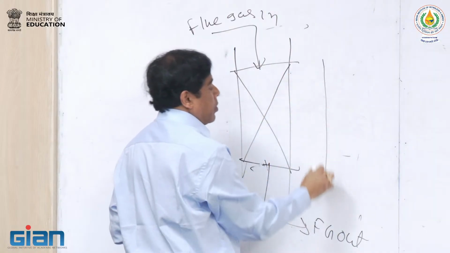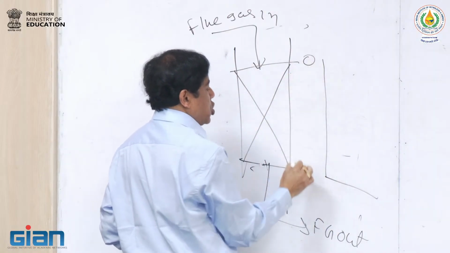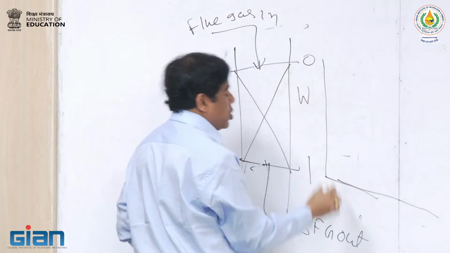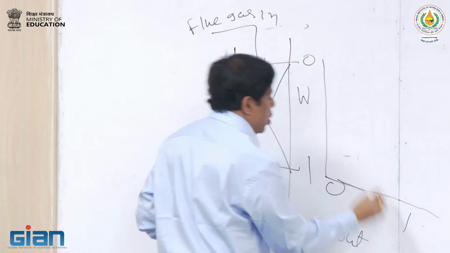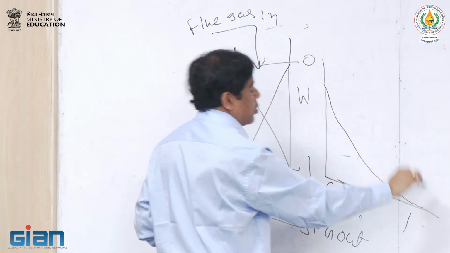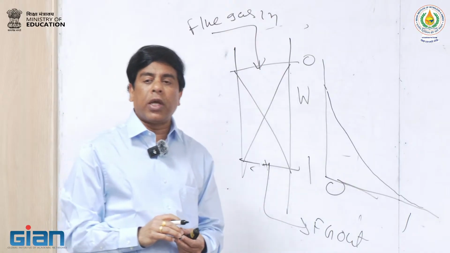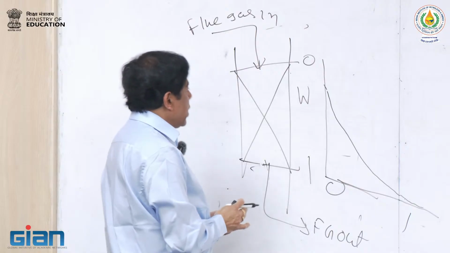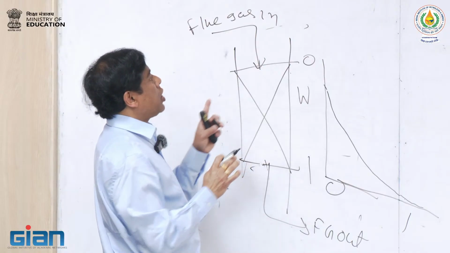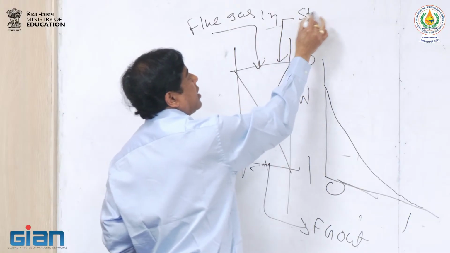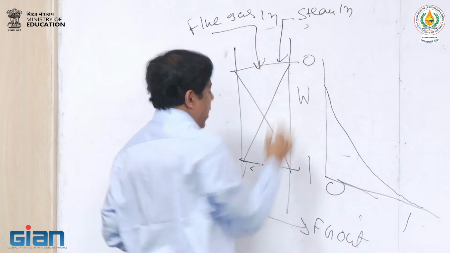So assume this is the flue gas in, and this is the flue gas out. Now, if I'm looking at the loading, this is 0, this is 1, a normalized length. If you look at the loading from 0 to 1, you will find that the loading is something like this. So later sections do not really capture anything.